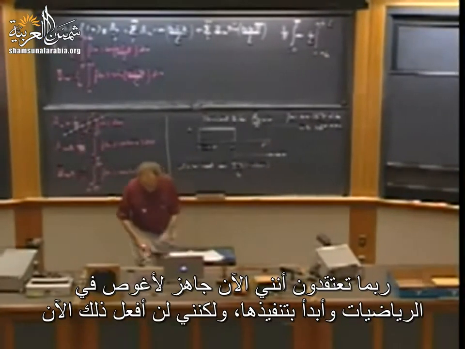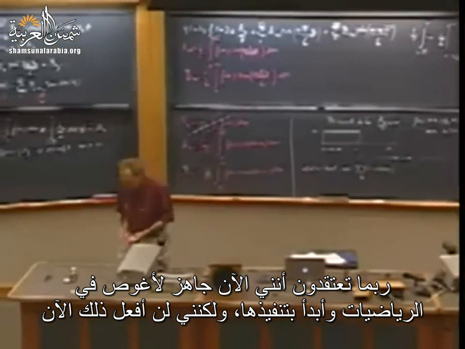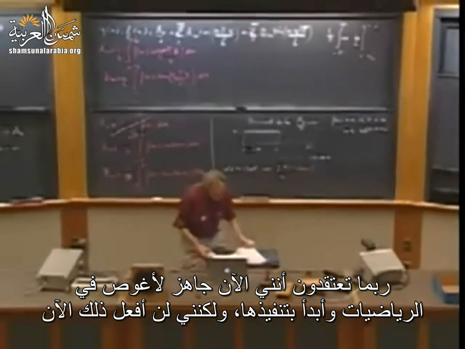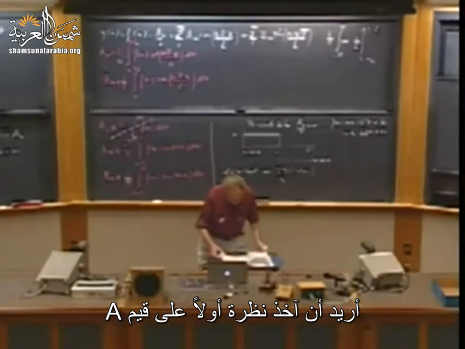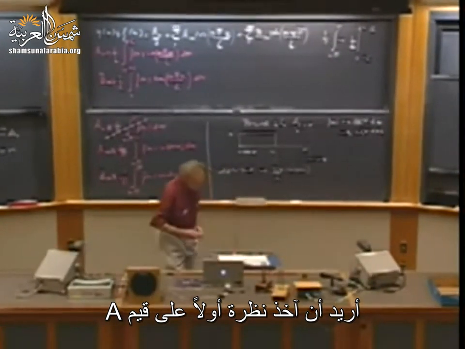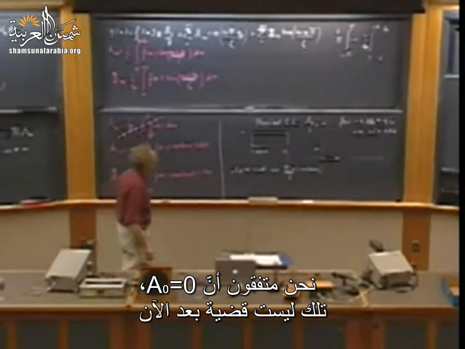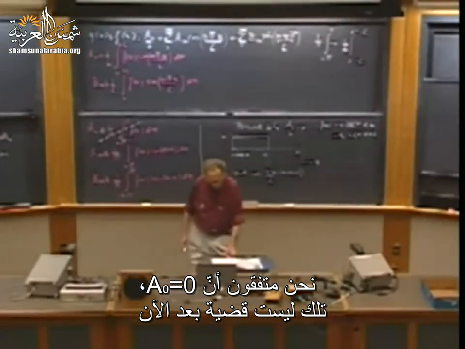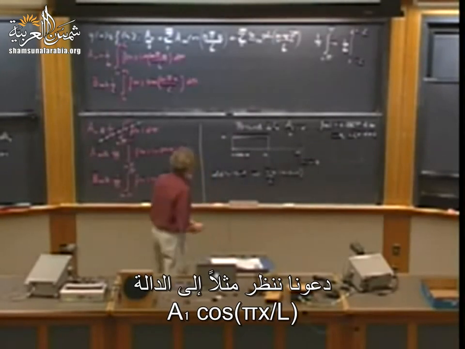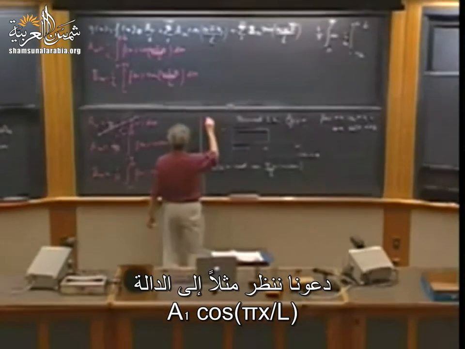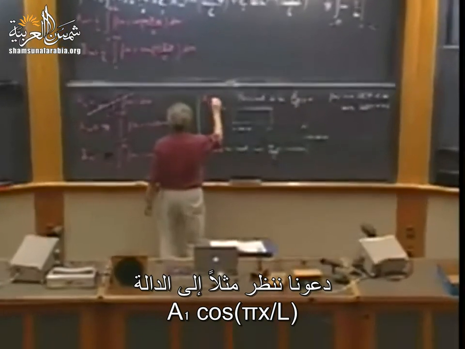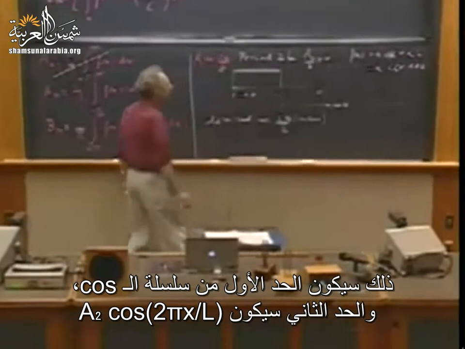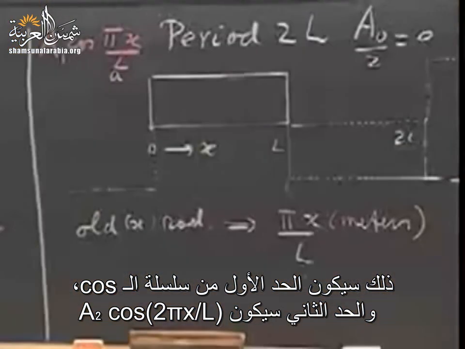So now you may think that I am ready to plunge into the math and to start executing it. But I'm not going to do that yet. I would like to take a look first at the values of a. We already agreed that a0 is 0, so that's not an issue anymore. But let us look, for instance, at the function a1 times the cosine of pi x over L. That would be the first term of the cosine series.